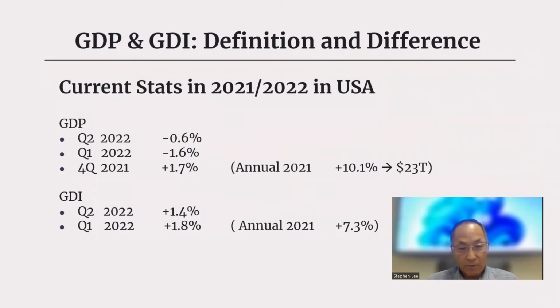Well, last year's fourth quarter means kind of toward the end of the pandemic, right? And then we moved to the first quarter of 2022. Then the USA GDP became minus 1.6%.